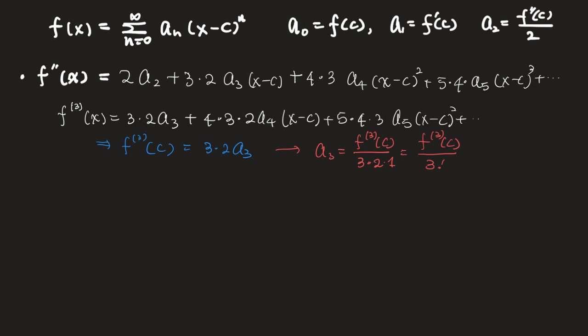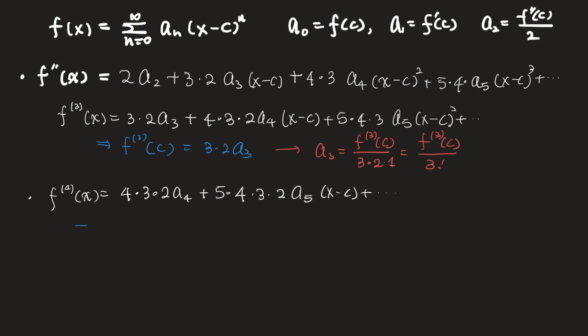Can you see the pattern yet? Let's do one more time. The fourth derivative of f of x: you see 4 times 3 times 2 times a4, plus 5 times 4 times 3 times 2 times a5 times (x minus c).